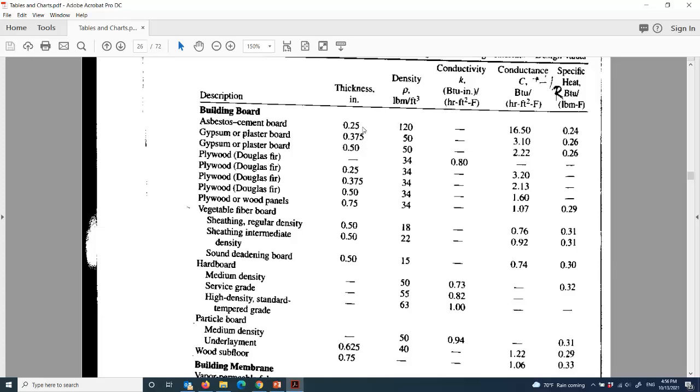Sometimes you don't have a couple of thicknesses. In the plywood case, you only have quarter inch with that U value. If in your example you have, say, half inch thickness, you need to find that U value; don't directly use the 16.5.